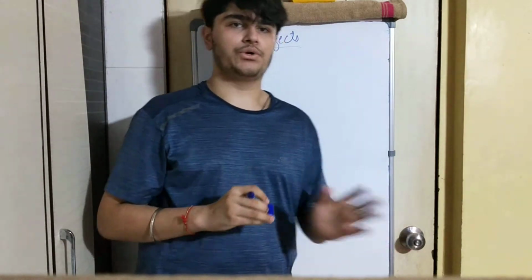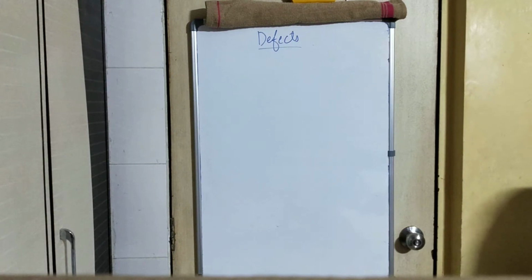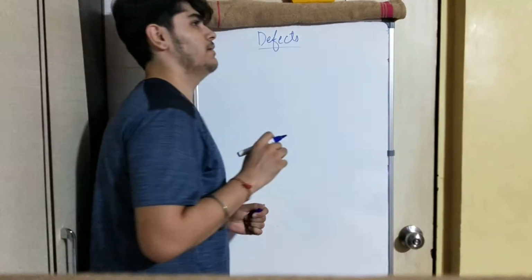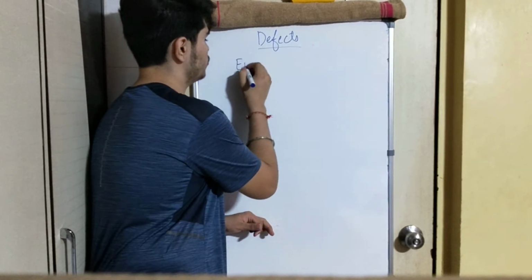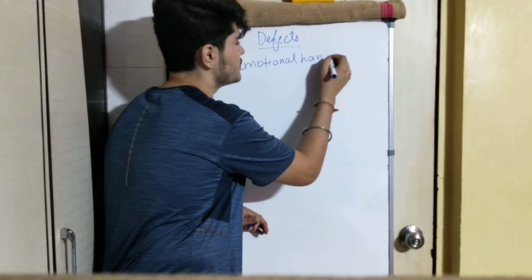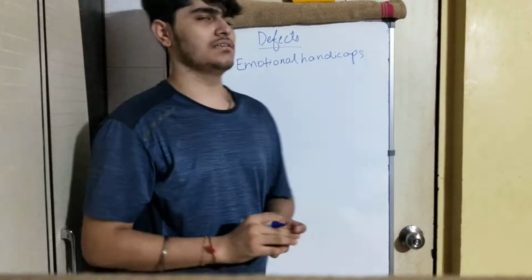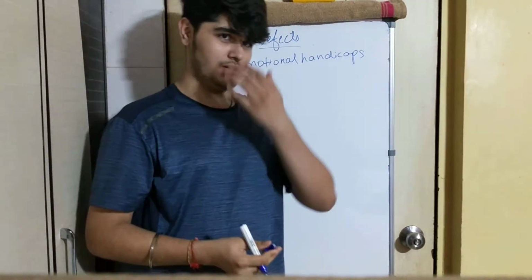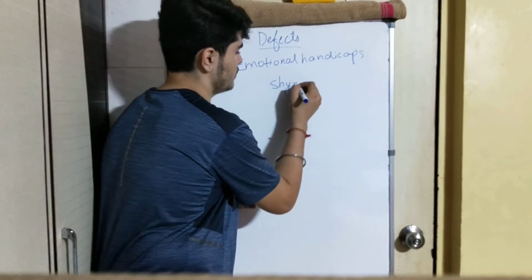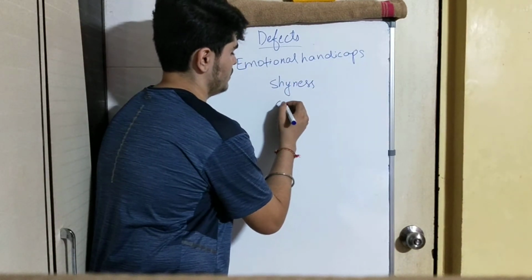So now we are going to learn one more type of defect, that is emotional handicaps. Usually these types of defects are in many people, and some of them are shyness and crying.